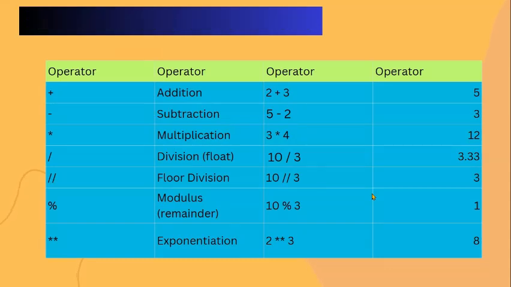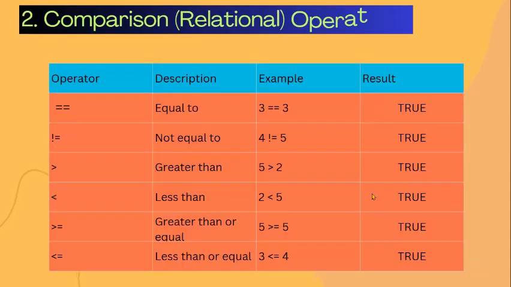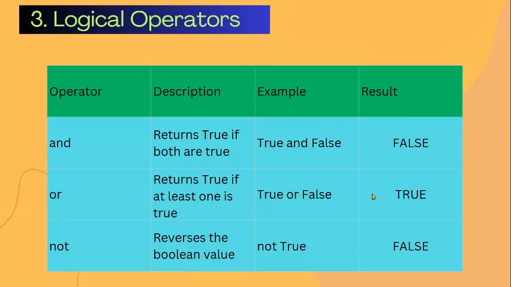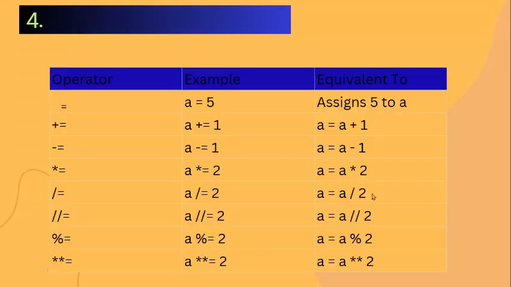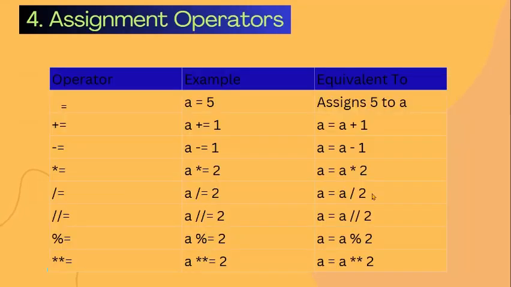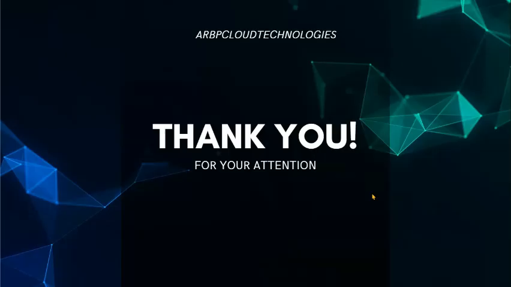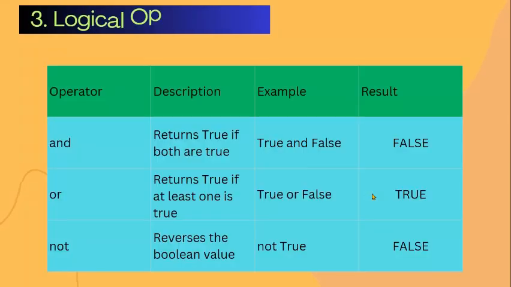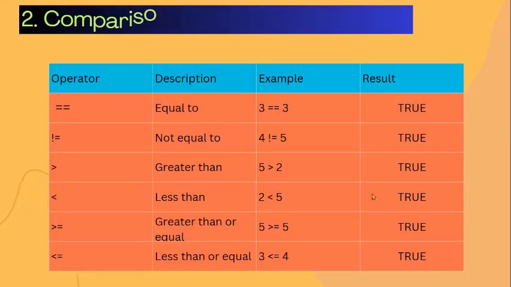Next is comparison or relational operator. And next is logical operator, and we have assignment operator. These four operators we will learn about in detail.